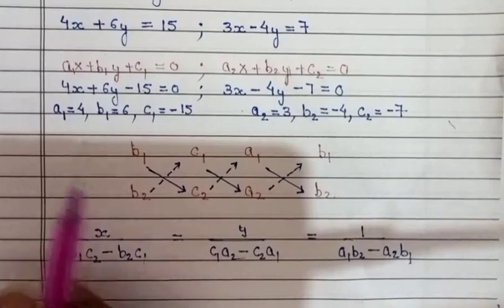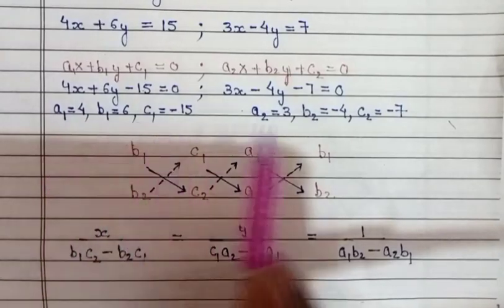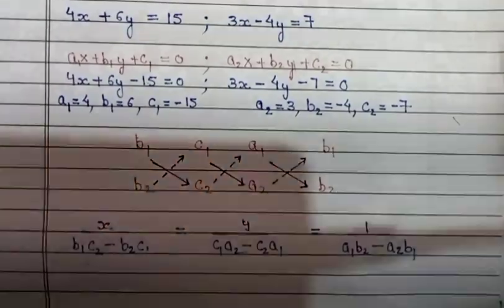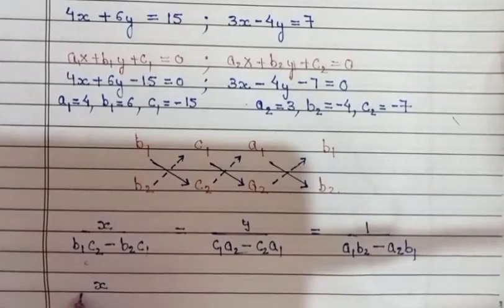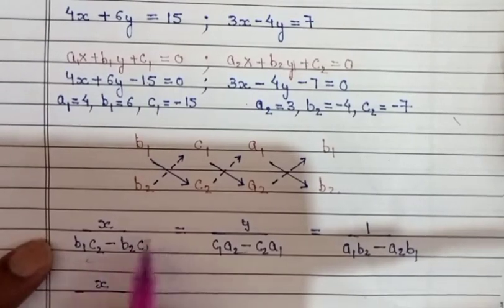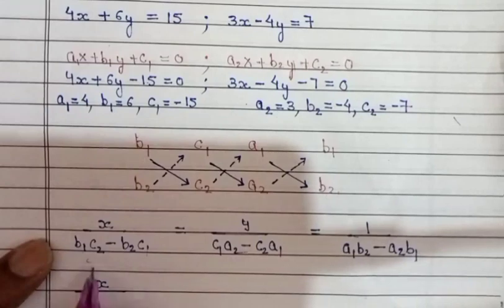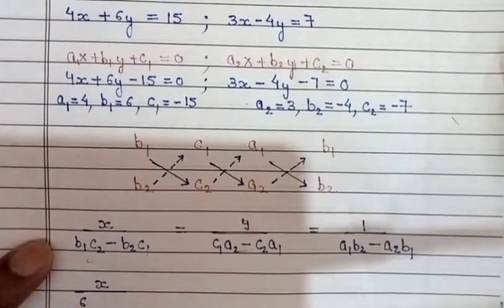Now you have already got values of a1, b1, c1, a2, b2, c2. Now you substitute these values in this pattern. So it will be x upon b1 c2. So you can see here b1 is 6 into c2. c2 is minus 7.